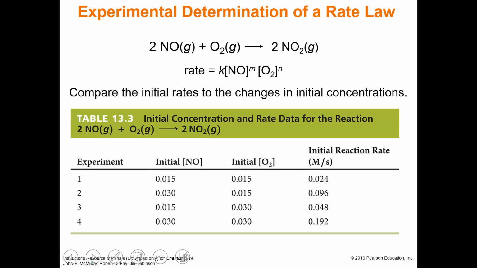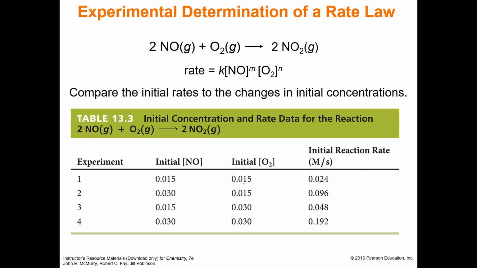So let's look at an experiment and see how we would determine what those exponents should be. We've got 4 experiments here, and we're given the initial concentrations of nitrogen monoxide and O2, and we're given our initial reaction rate. Let's take a look at the first 2 experiments.